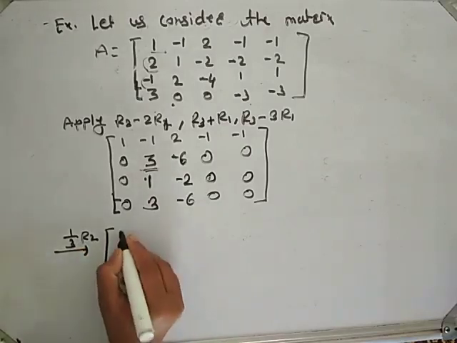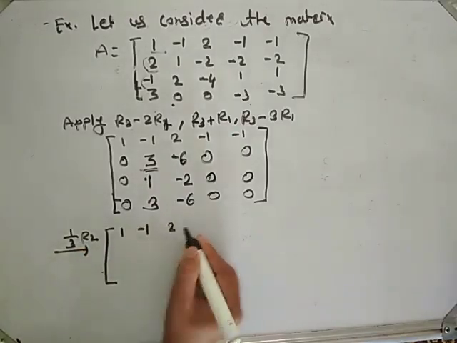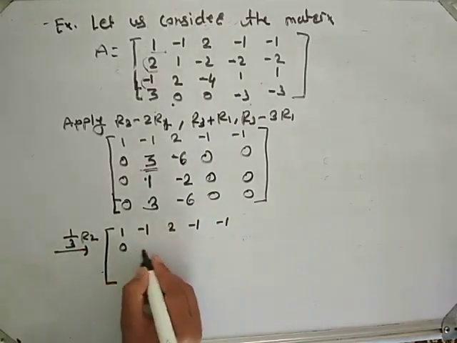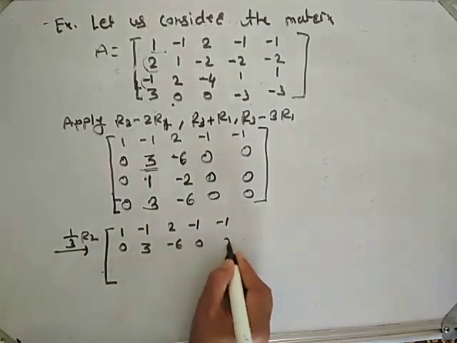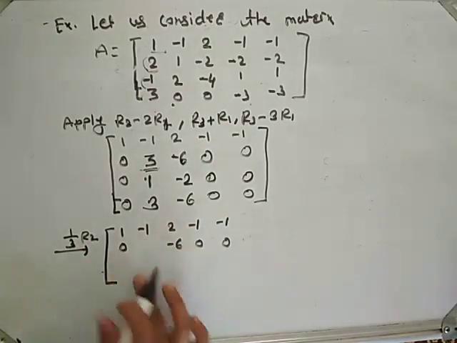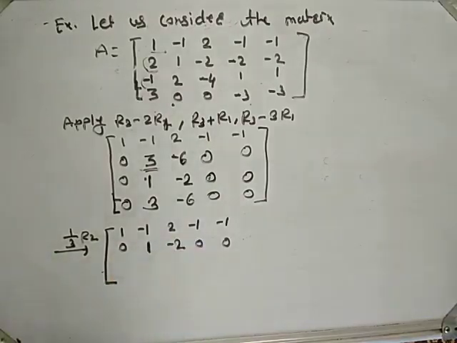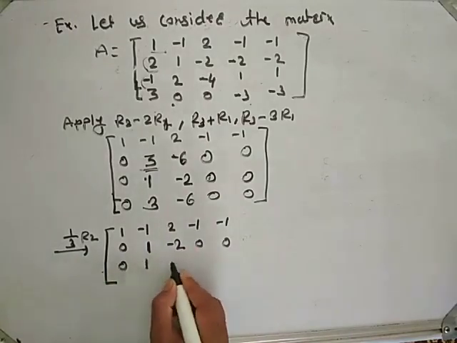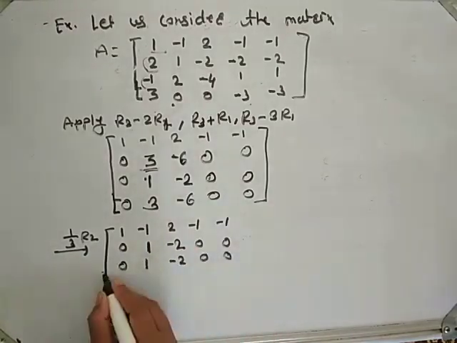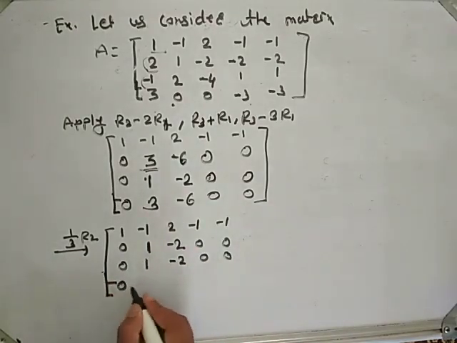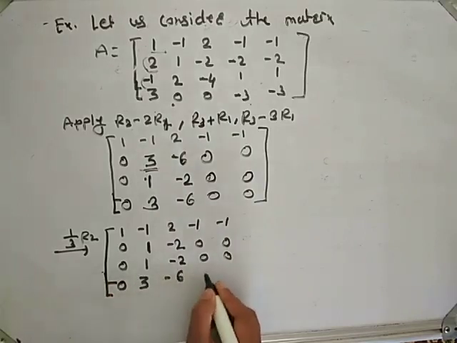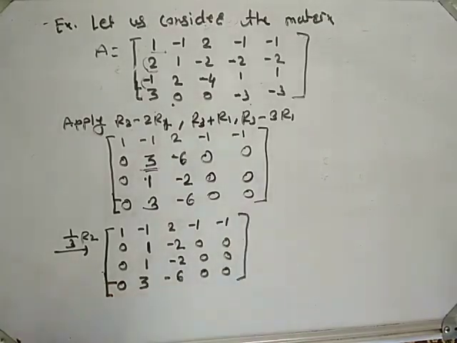So our matrix becomes 1, minus 1, 2, minus 1, minus 1; 0, 3, minus 6, 0, 0. Sorry, here is 1 and here is minus 2. So 0, 1, minus 2, 0, 0; 0, 3, minus 6, 0, 0. Okay.